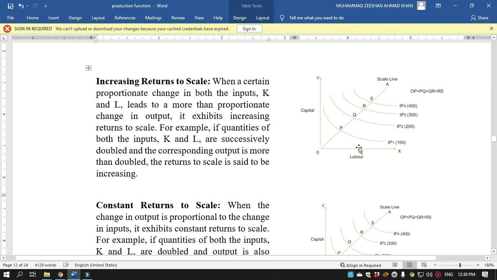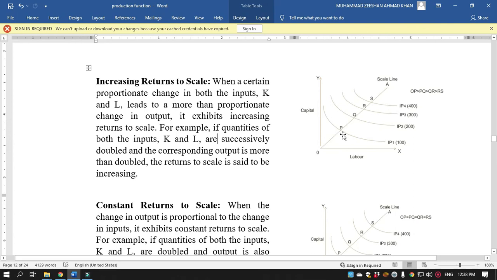Or if you are increasing the same level of output by deploying a lesser amount of labor and capital, it is also called increasing return to scale.